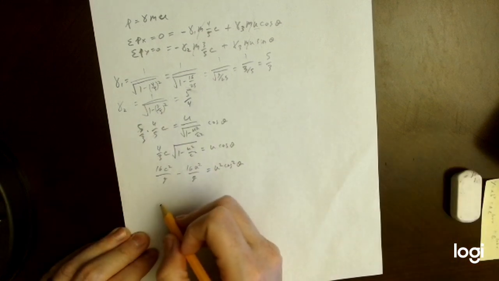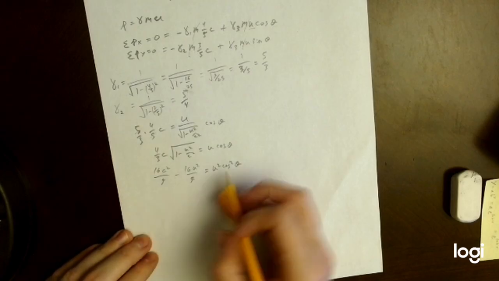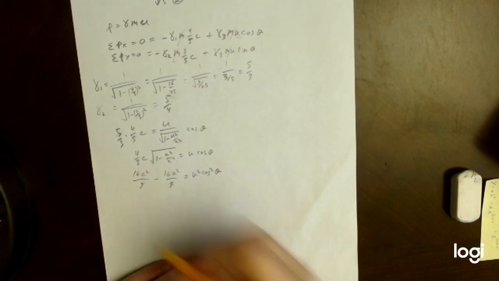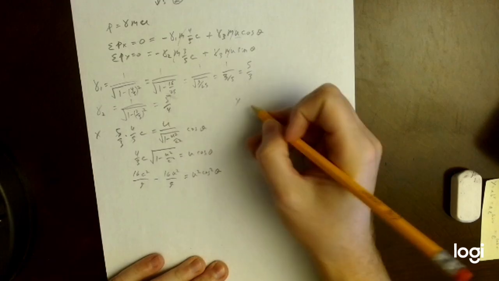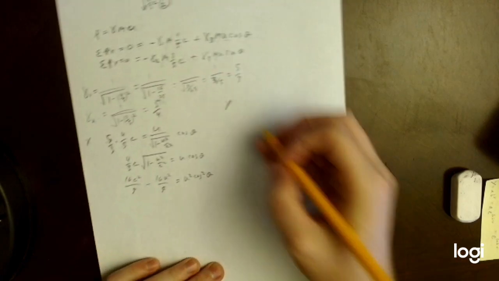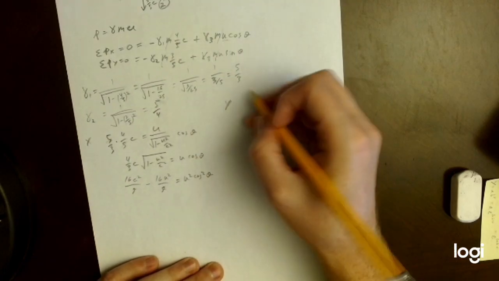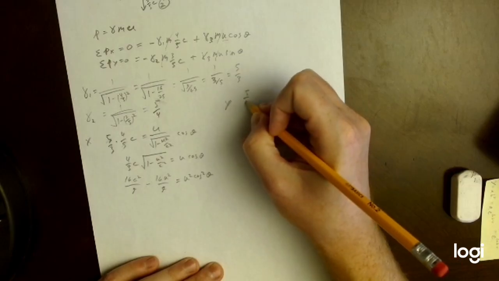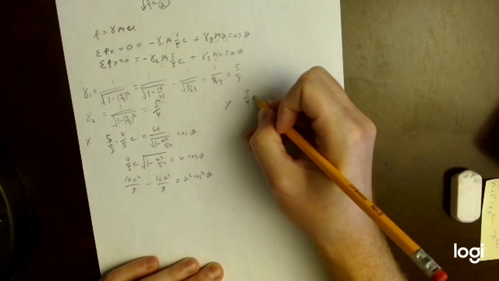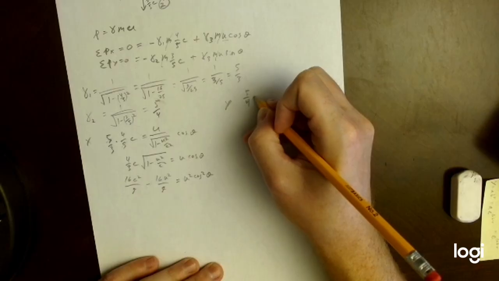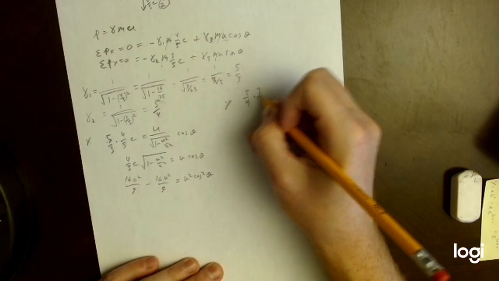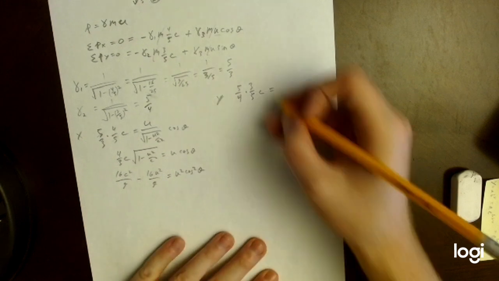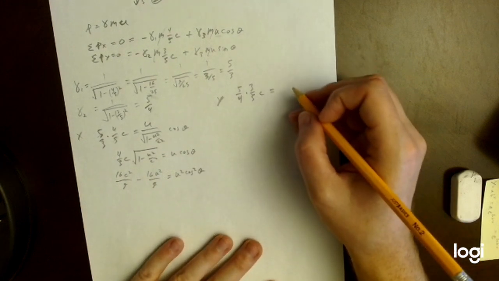I'm gonna leave it like this for now and go to the other equation. So this was the x equation. Let's go to the y equation here, and we'll do something similar where we have gamma 2, which is 5/4 times 3/5 c, is equal to gamma 3 u sine theta.